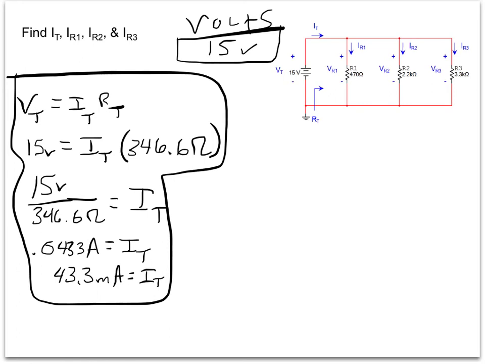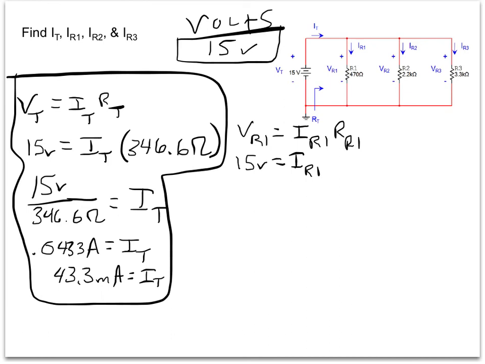Now we need to do the same thing 3 more times. We need to find it for each of the other components. So let's find the current at the first resistor. Volts equals current times resistance. Total volts is 15. It's 15 for all the volts of each of these components. The current we don't know.